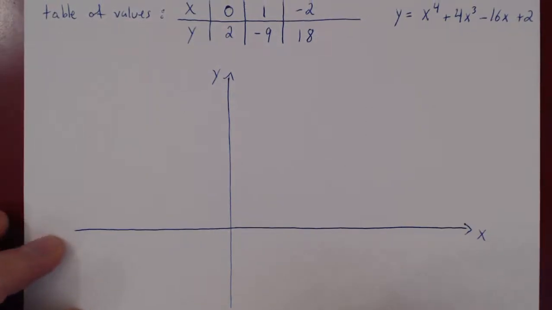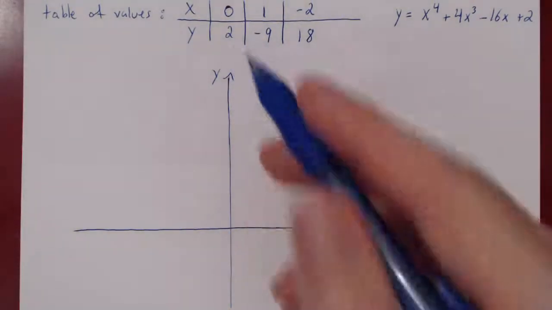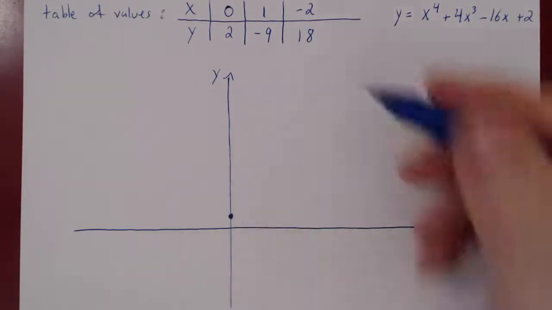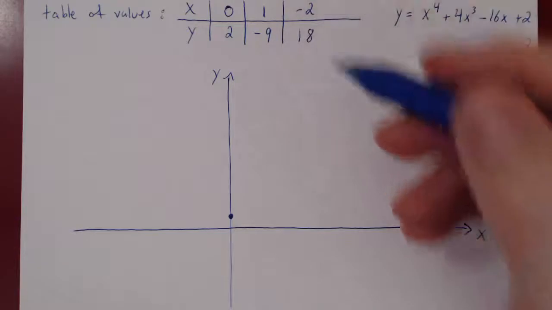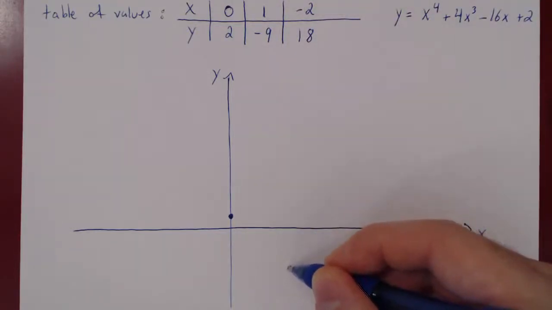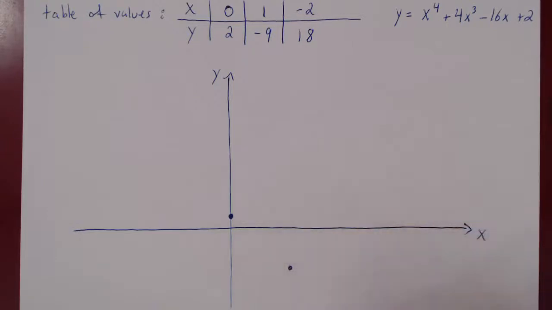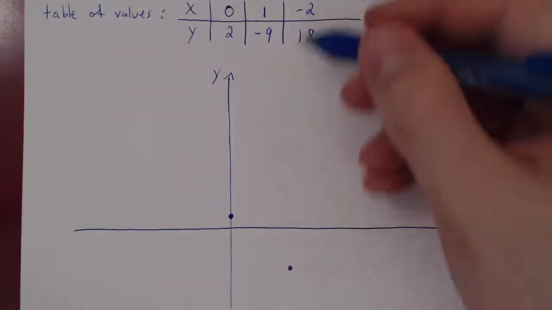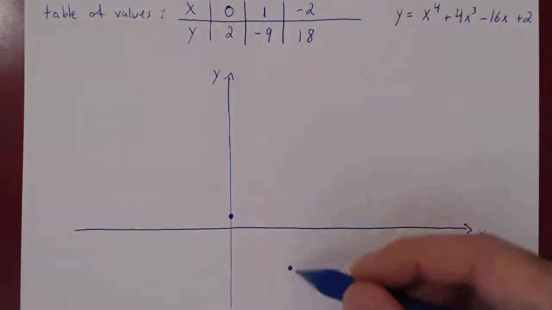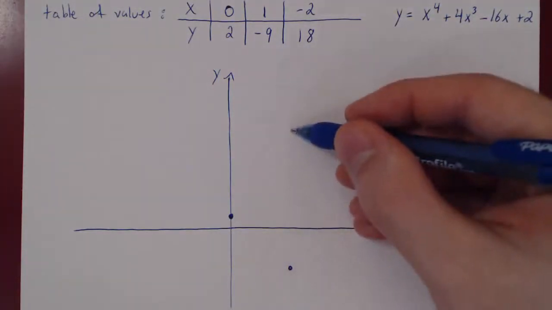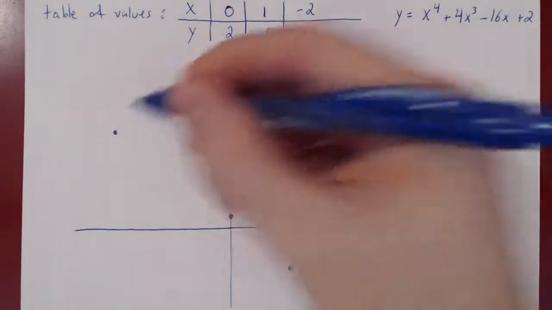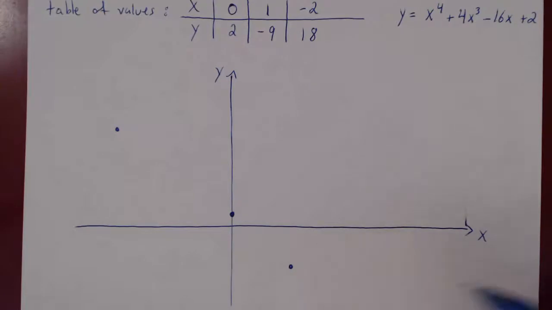All right, so our 3 points: x equals 0, y equals 2; x equals 1, y equals negative 9. So say this is x equals 1, y equals negative 9, and x equals negative 2, y equals 18, so it's twice of that. So it'll be roughly here, roughly here. And you can label only those points.